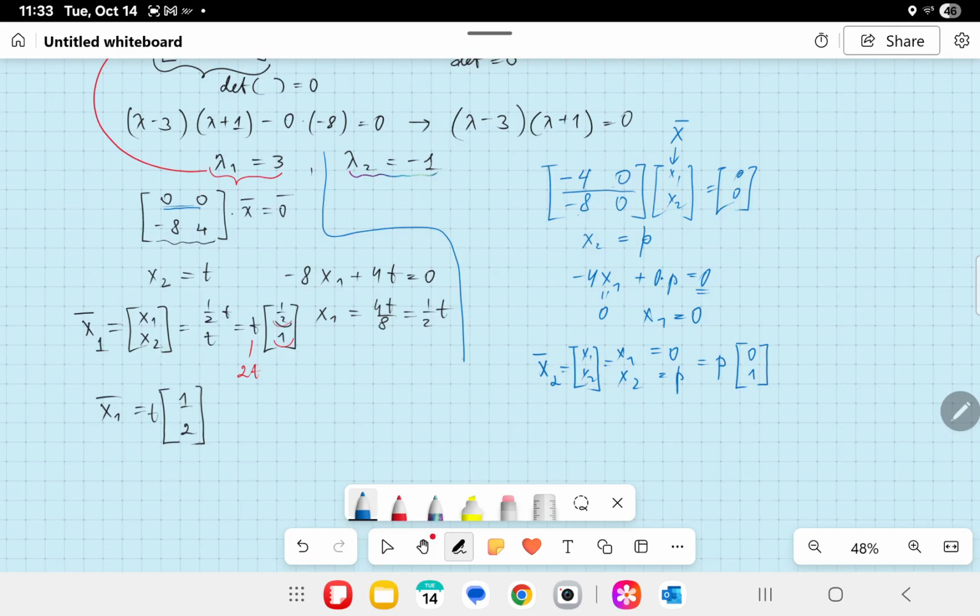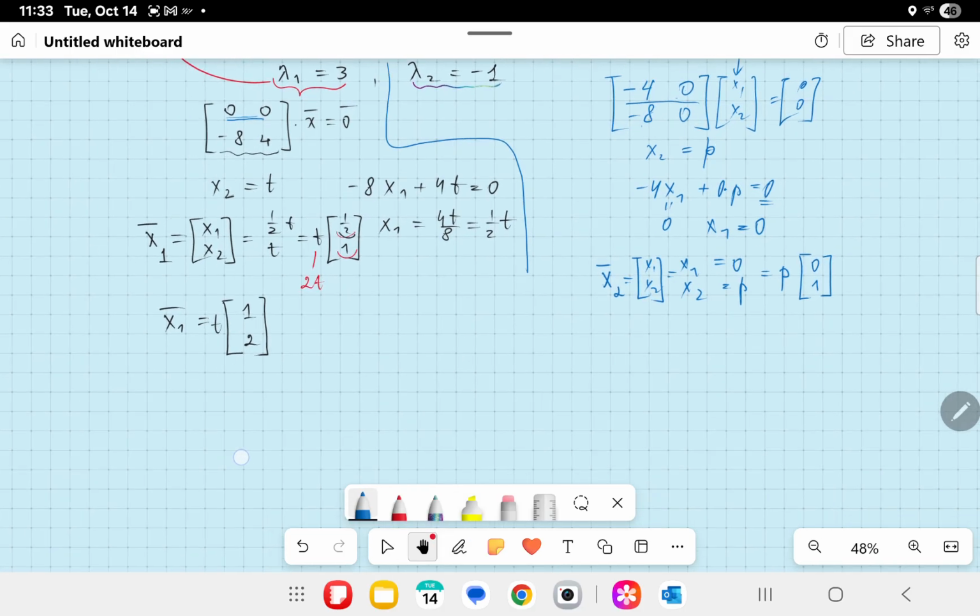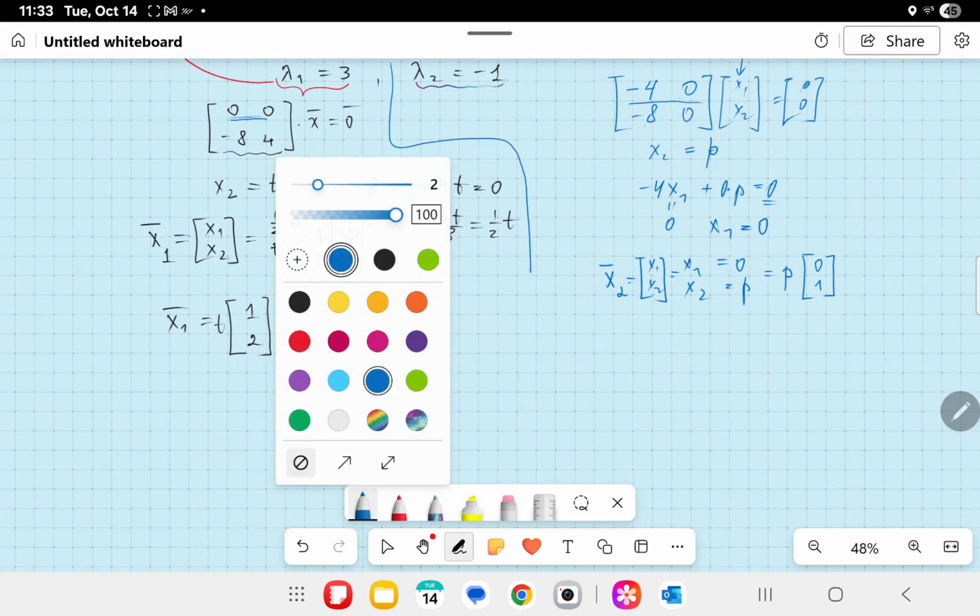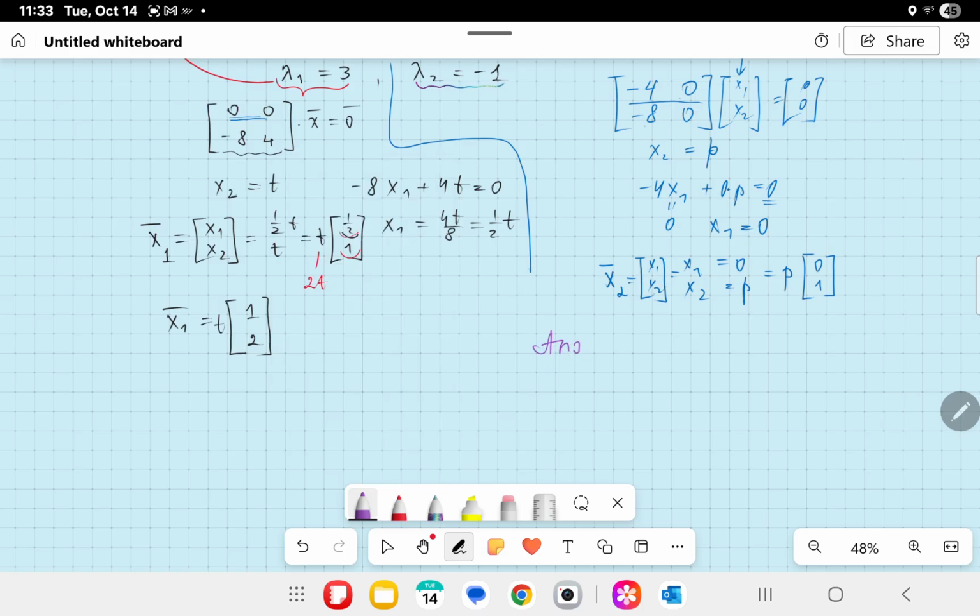Okay, so we finished our solution. I'm going to write down the answer. The answer here is not going to be short, and let me use a different color to write it down. So, answer, how the answer is going to look. Lambda 1 equals what? Minus 3, right?